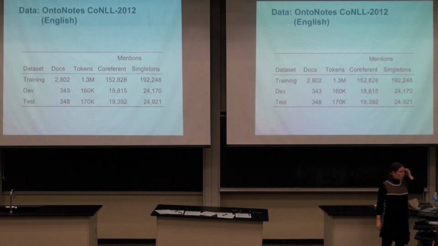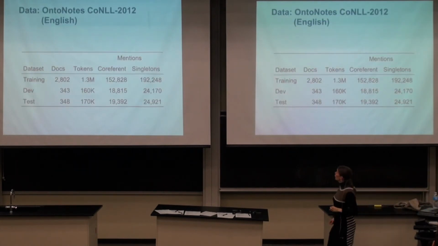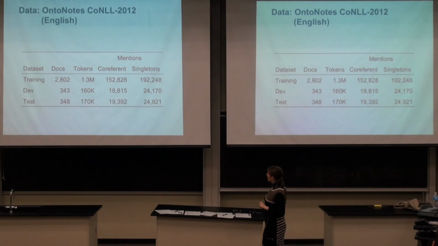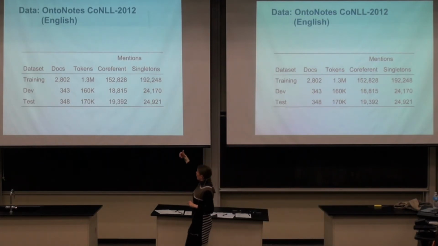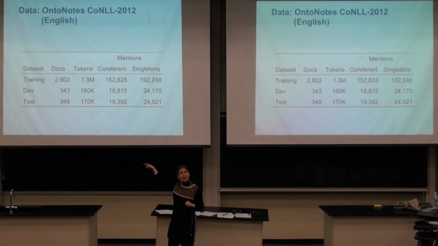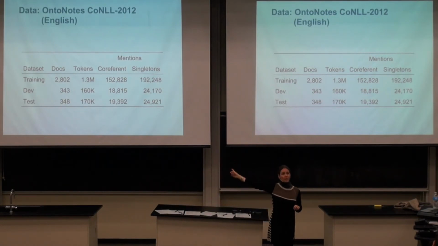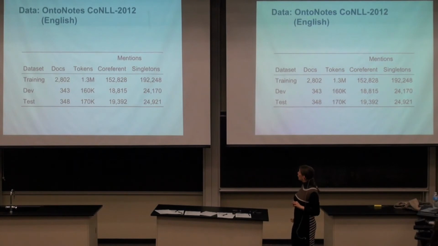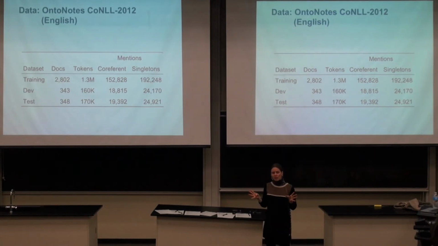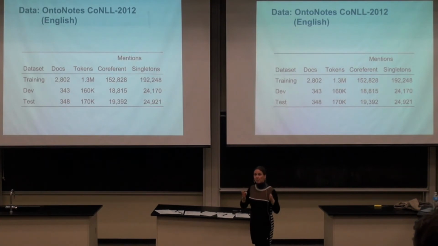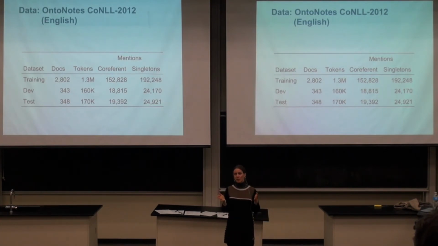So the data that we use is the English OntoNotes 2012 data set, where there is a defined training, dev, and test split. You can see that there is a lot of data in this corpus. Originally, this corpus is annotated for coreference, so an NP that is participating in a chain is marked as such, and also in which chain it belongs.